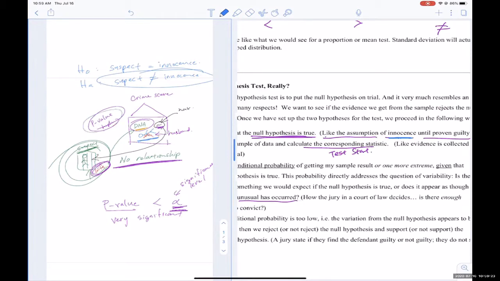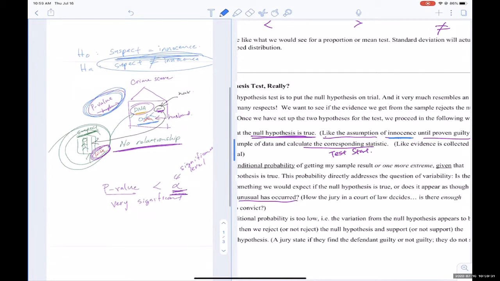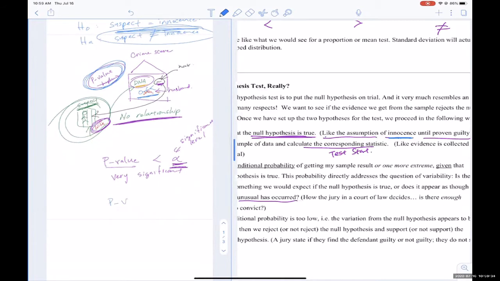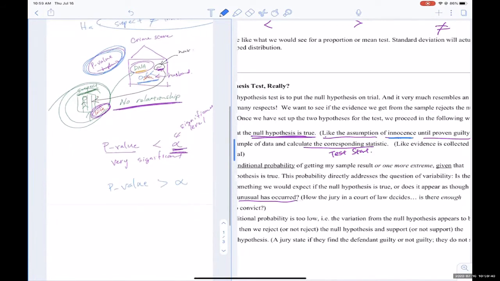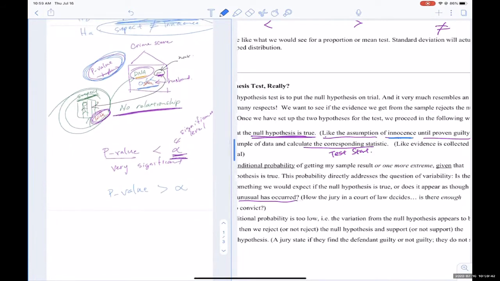If you have a high p-value, most likely the person is going to be innocent in this case. So if your p-value is less than the significance level, then we reject the null hypothesis.